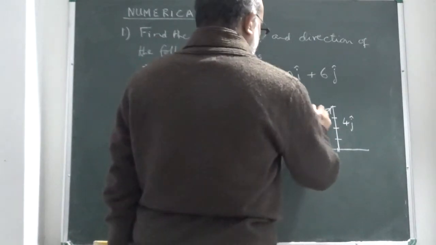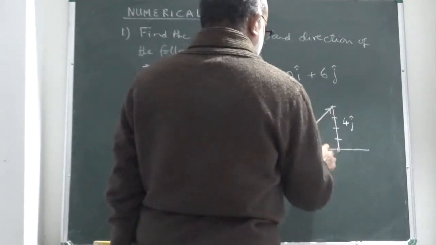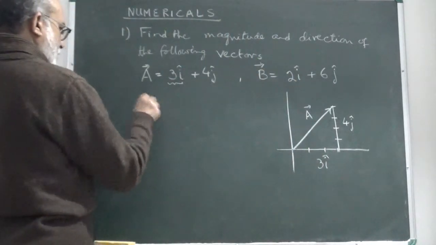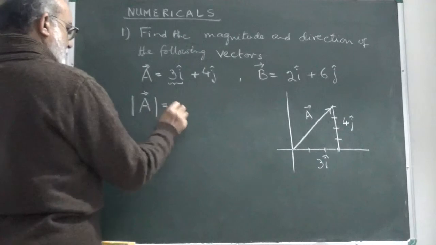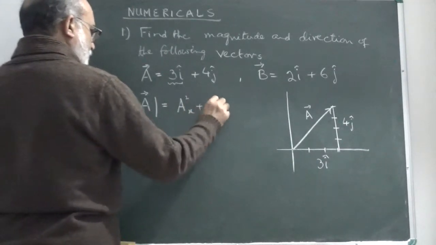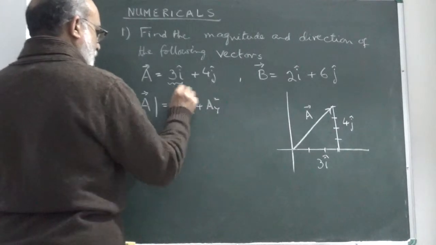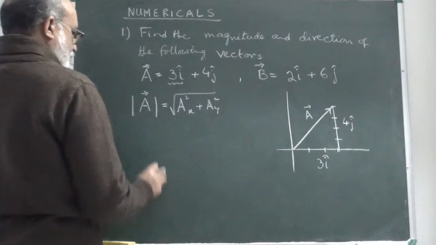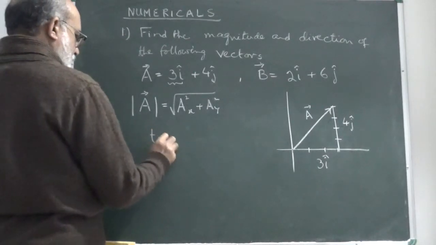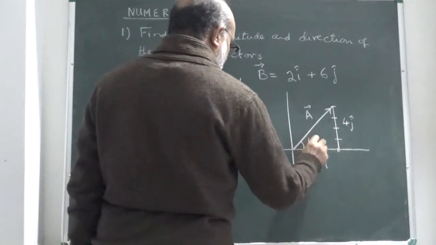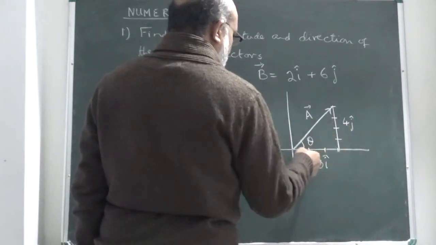So in order to find the magnitude of A, this is the x component, this is the y component. We already know that the magnitude will be given by the square root of ax square plus ay square, and the angle theta which we make with the x-axis, tan theta will be ay by ax.